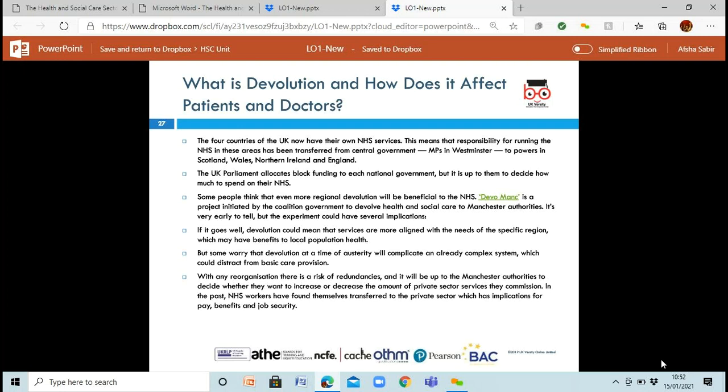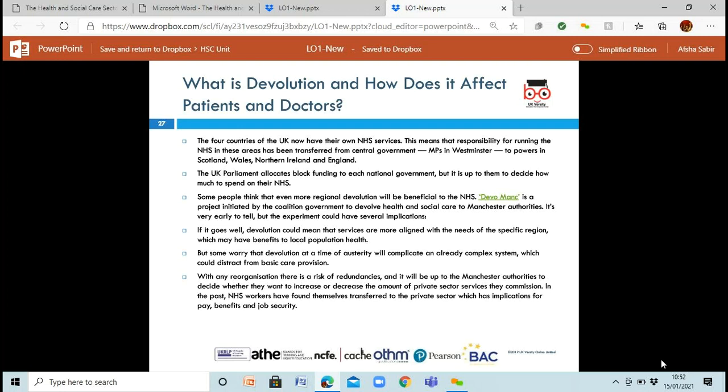People in general are also still worried that with any reorganisation there's a risk of redundancies, and that it's up to the Manchester authorities to decide whether they want to increase or decrease the amount of private sector services that they commission in.